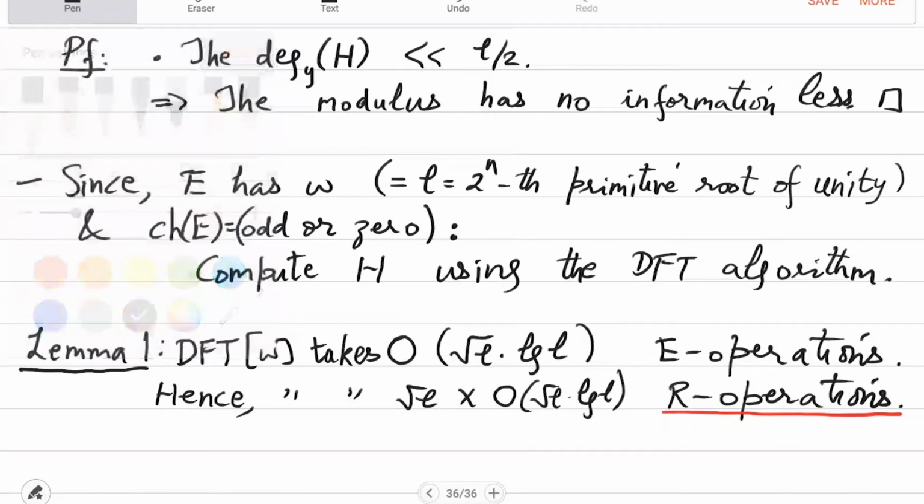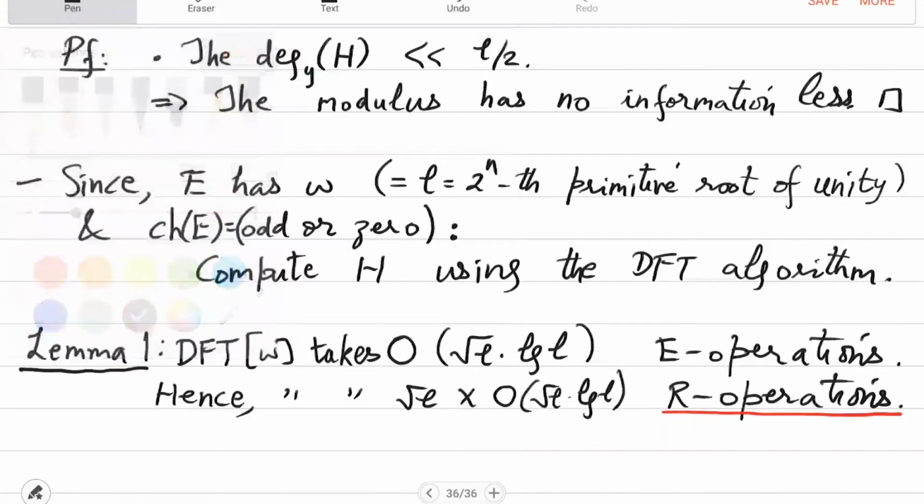The reason is that there was actually no real multiplication happening in that. Multiplication was of a very simple type. You were just multiplying by powers of omega, that's all, and then taking linear combinations. So if these basic coefficients are of degree at most square root L, then going from an E operation to an R operation, you will only multiply by square root L. So your time complexity is only L log L in terms of R operations. That's the first claim.